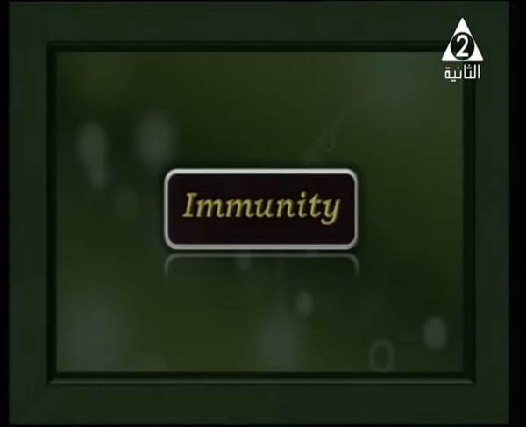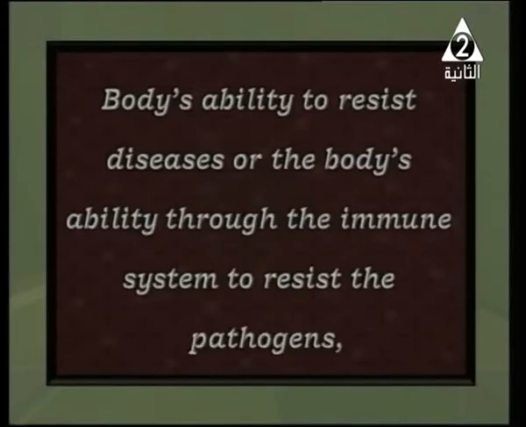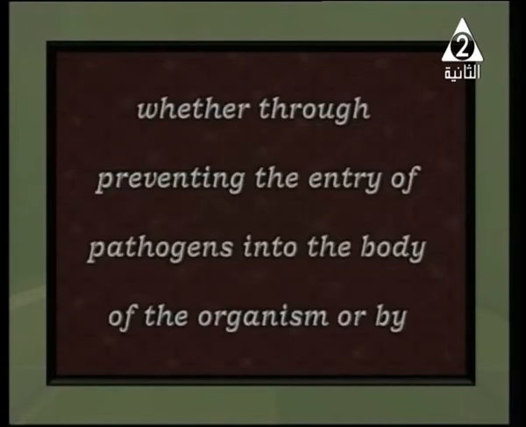Right now we're going to start the immunity. Immunity is the ability of the body to resist and face diseases, through something called the immune system inside our body that we're going to study in our lesson today. To resist the pathogens, as we said, biological or non-biological, and also to prevent the entry of the pathogens into the body of the organism.